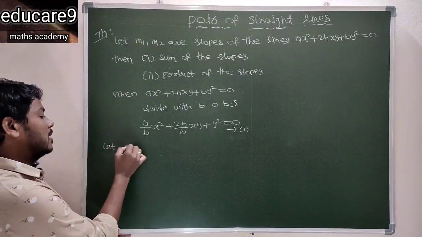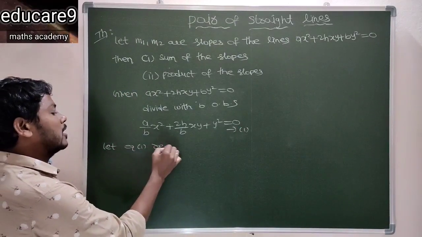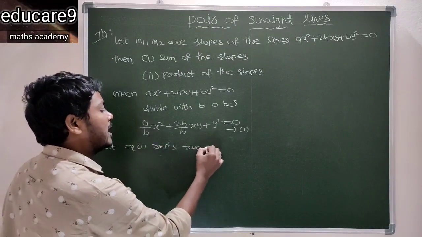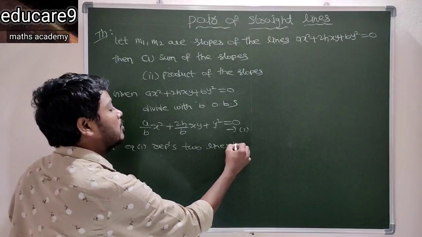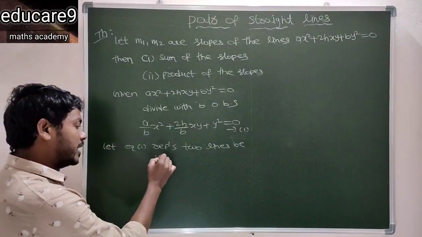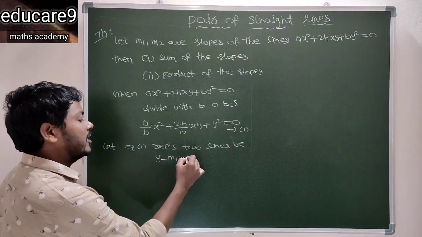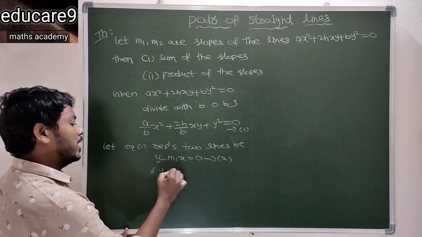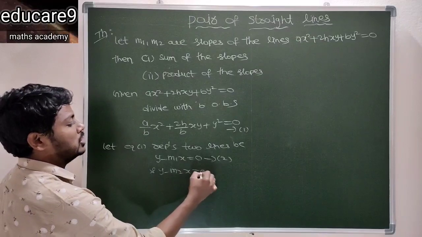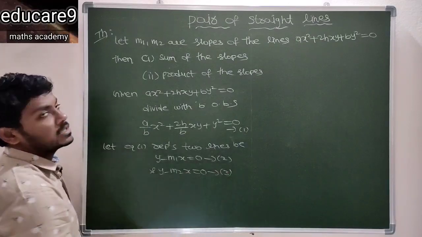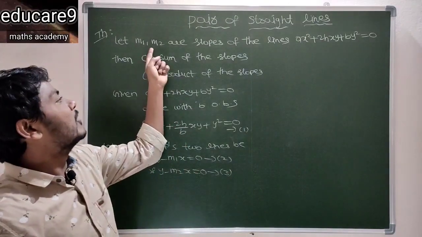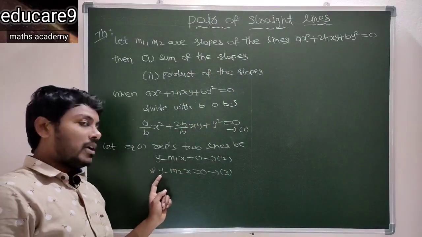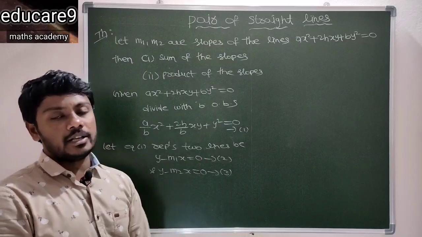So let equation 1 represent two lines. One is y minus m1x is equal to 0 and the other is y minus m2x is equal to 0. Because they gave m1 and m2 as the slopes, that's why I am taking y minus m1x as one of the lines and y minus m2x as the other line.